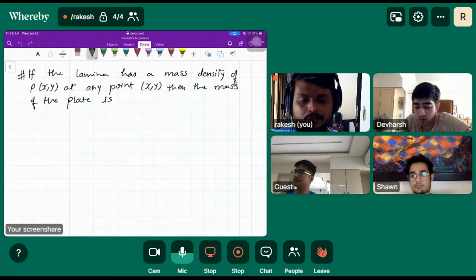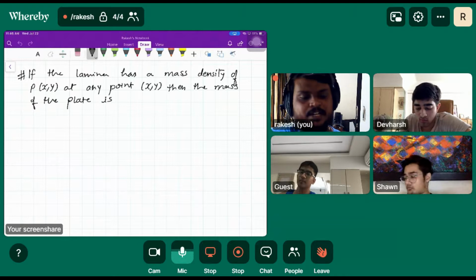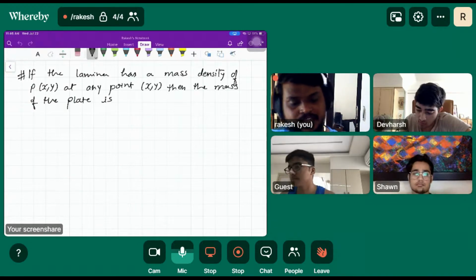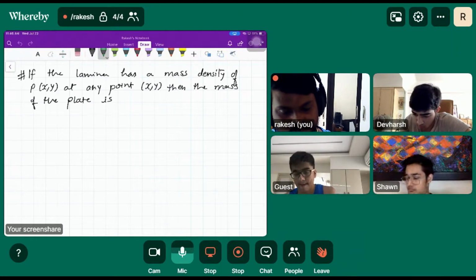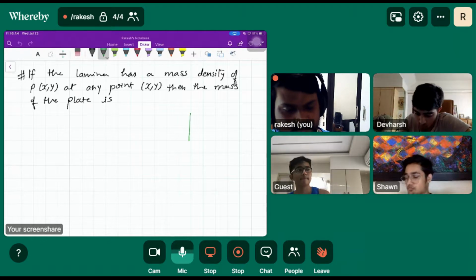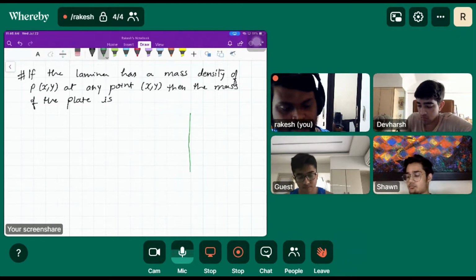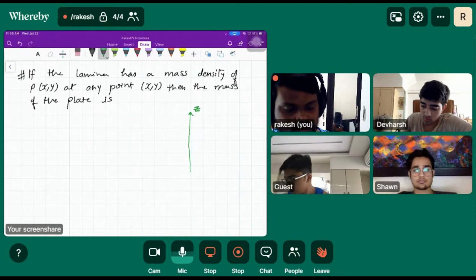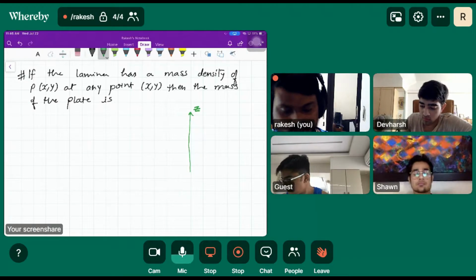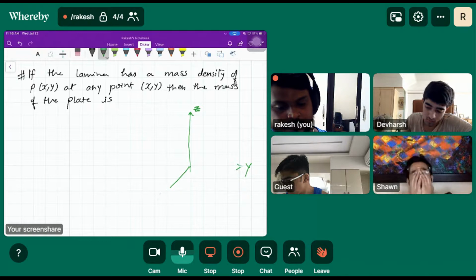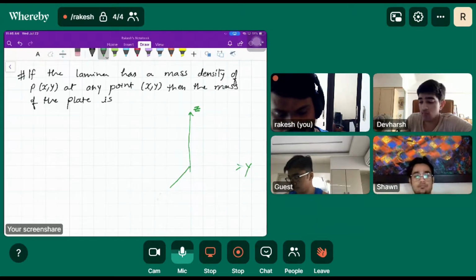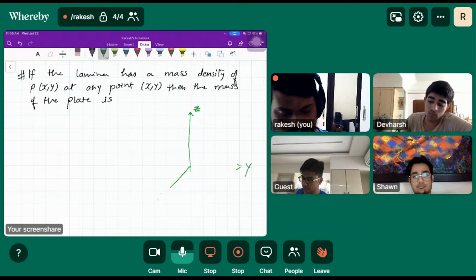Right. Okay. So if the lamina has a mass density of rho(x, y) at any point, it will just tell you the region, because the plate is super thin. So if we try to draw that plate on the xy plane, on this coordinate axis, it will be on the xy plane like this.